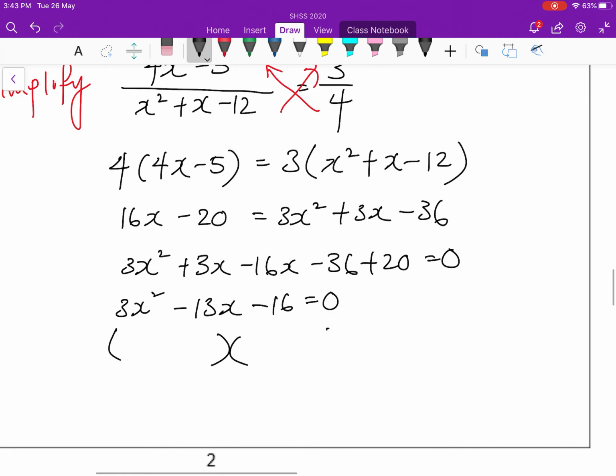From here, factorize. See? Again, it's the same thing over and over again. 16, I can use 4 and 4. Does it work? 12, no, it doesn't work. 16, I can use 8 and 2. This 6 and 8 doesn't work as well.